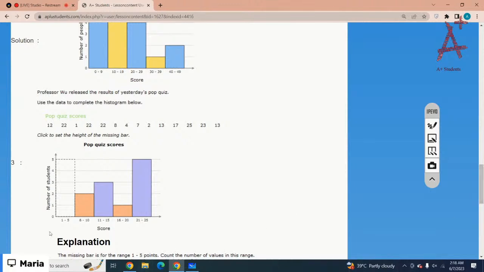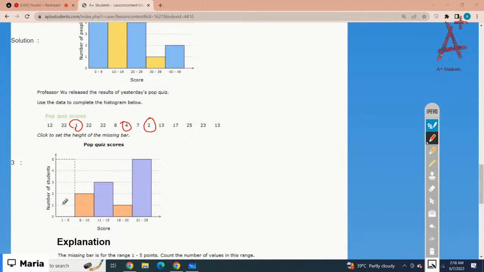You have to count how many people have the score 1 to 5. So 1, 2, you have just 2 people that have score, no, 3. You can see here you have just 3 values that have the score between 1 and 5. 1, 2, and 3. So you have to make a bar that matches 3. You have just 3 people who have the score between 1 and 5.